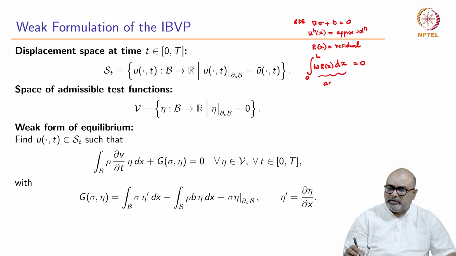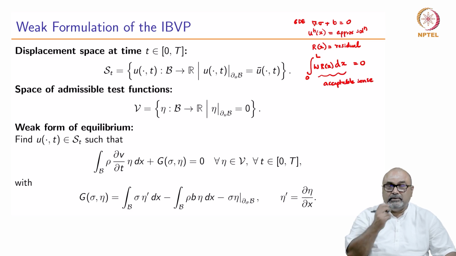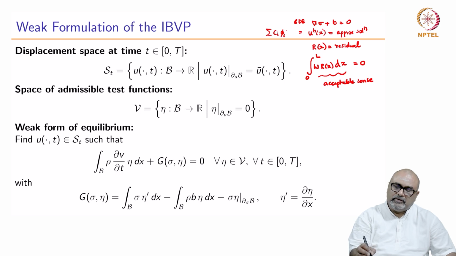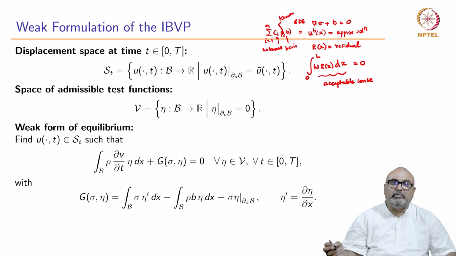This is the acceptable sense in which we are seeking the approximate solution, and this acceptable sense allows us to identify the approximate solution, which is written as some coefficients times some basis functions, where the coefficients are unknown coefficients, whereas the bases are the known basis terms, and the bases are usually polynomial bases.